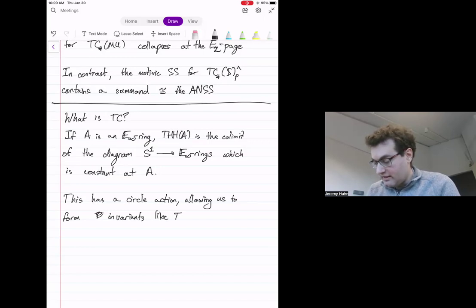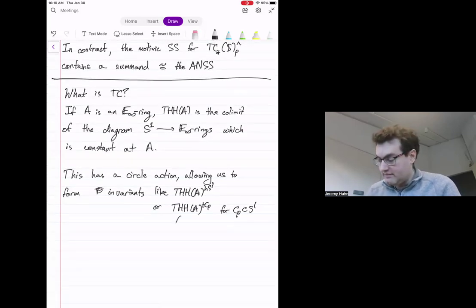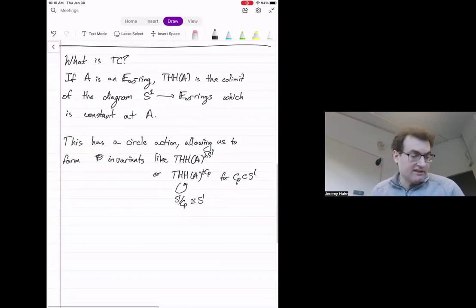I could take THH of A and take the homotopy fixed points for the circle action, or I could take THH of A and take the C_p fixed points, where I'm thinking of C_p as sitting inside of the circle. This will have a residual leftover action of S^1 mod C_p, which is just another copy of S^1 written differently. So there are some invariants one can extract out of THH.